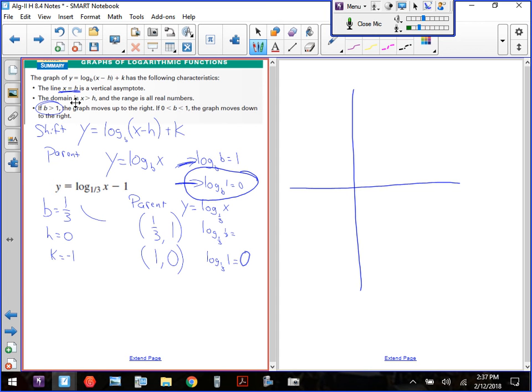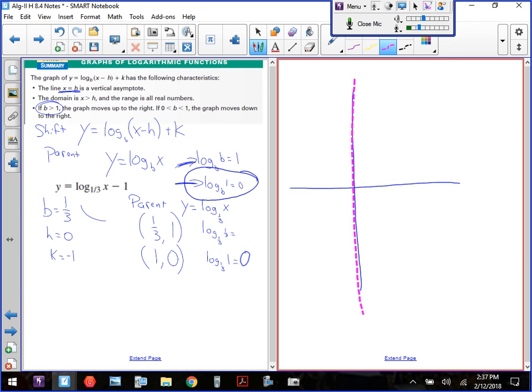So I know that I have an asymptote at x equals h. So my asymptote is at x equals 0. And my first ordered pair is at 1/3 and 1. So if I say this is 1, I put 1/3 about here. I'll put 1 here, so we'll say here-ish. And then at 1, where do I put it? At 0. This graph is moving down and right, so all I have to do is this.